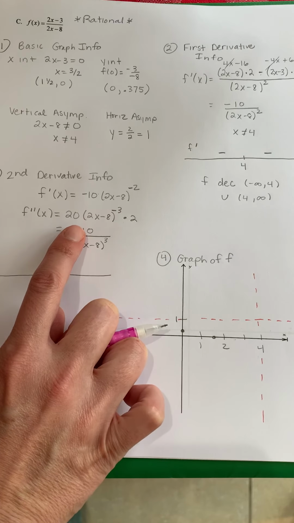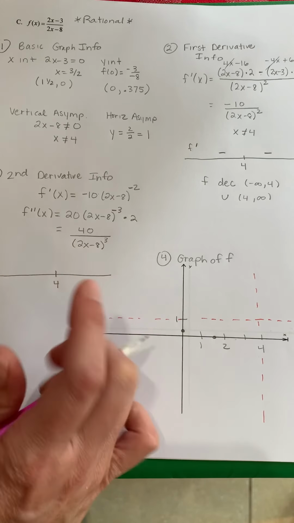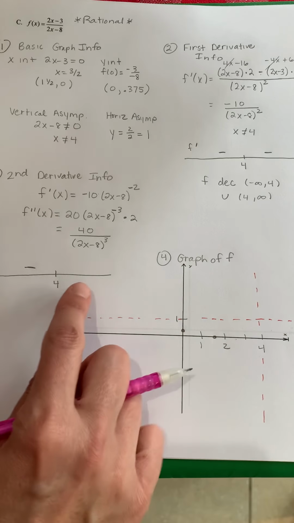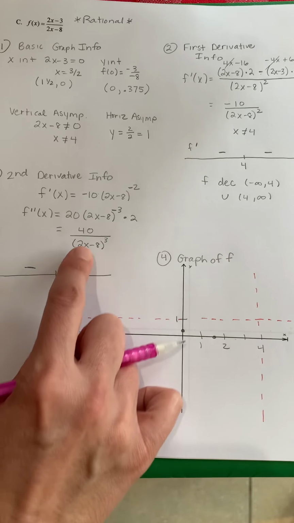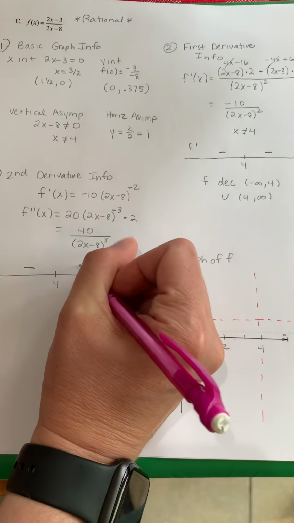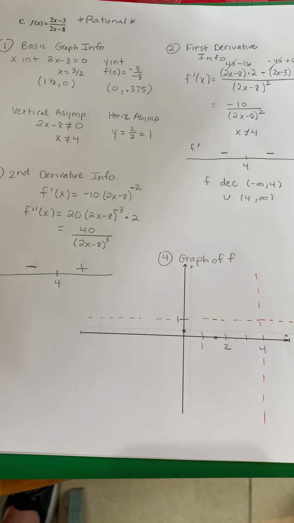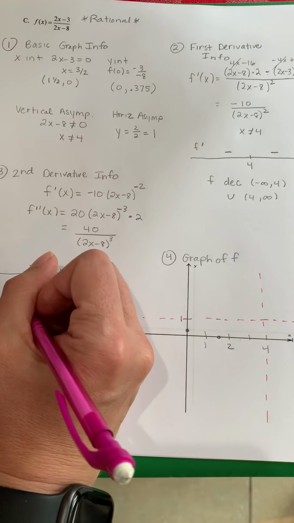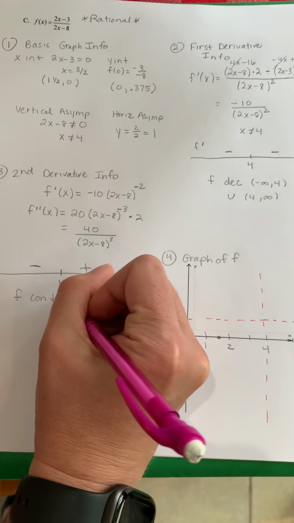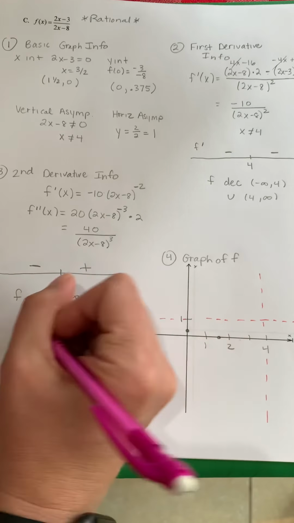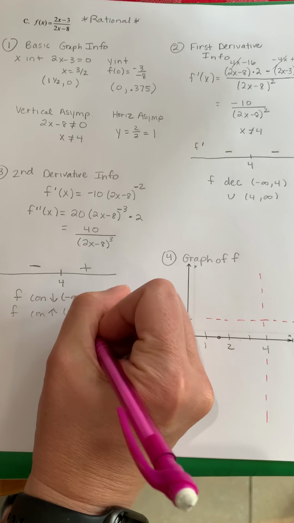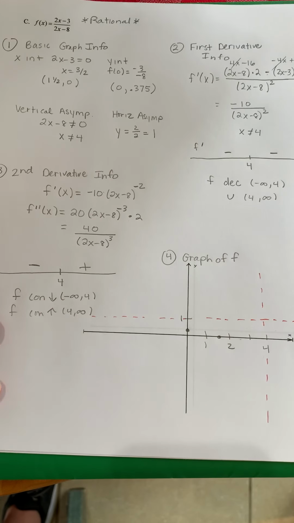So we're going to have a positive over a negative, which is going to end up being a negative, or a concave down interval. If we put something like 5, this is going to be a positive, so positive over positive, we're going to have a positive right there. So we're going to say that f is concave down from -infinity to 4, and then f is concave up from 4 to infinity.